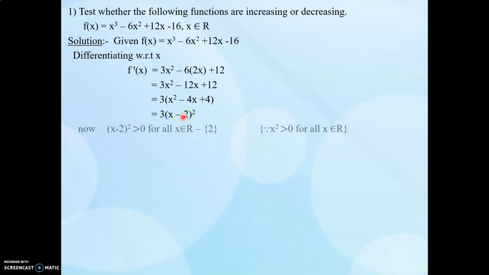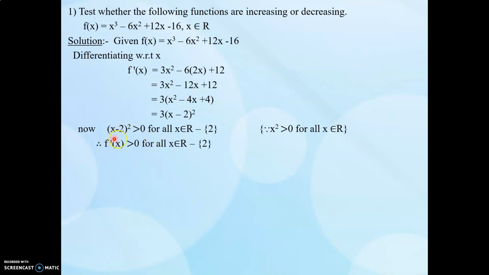Now since x square is greater than 0 for all x belongs to R, x minus 2 whole square is again greater than 0. But for the value x equal to 2, this will become 2 minus 2 whole square, that is 0. So we are removing that particular point from the real numbers. So x belongs to R minus set 2. In that, x minus 2 whole square is greater than 0.